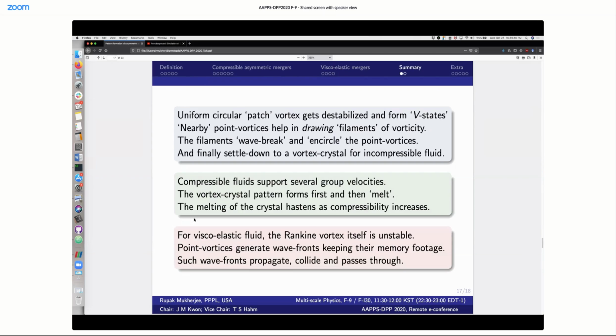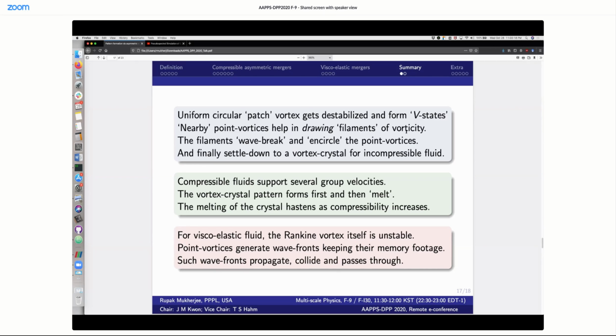So as a general conclusion, a uniform circular patch vortex, that is a general Rankine vortex, gets destabilized and forms V states, the structured shapes that I mentioned. Nearby point vortices help in drawing filaments of vorticity.